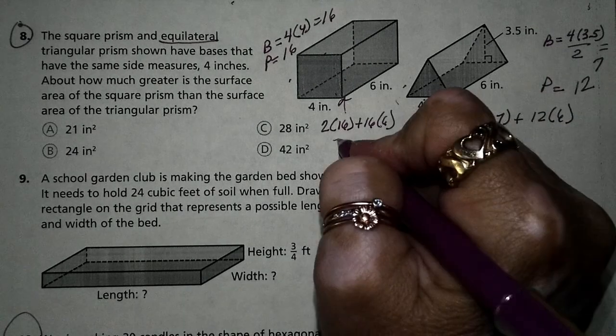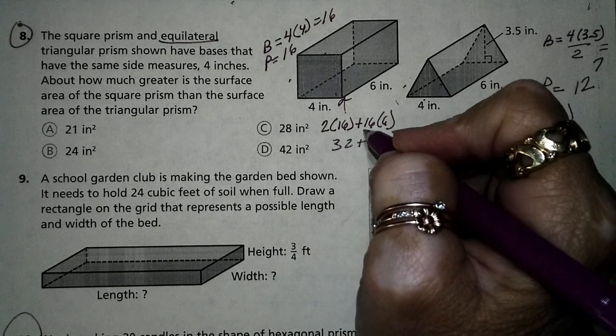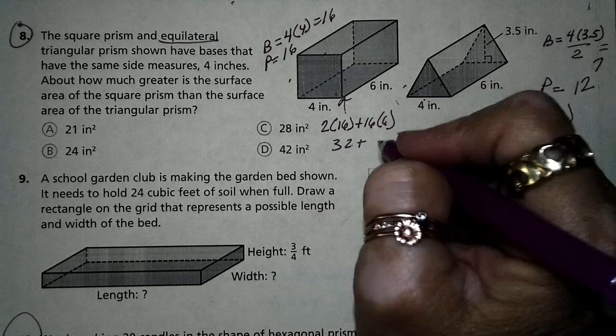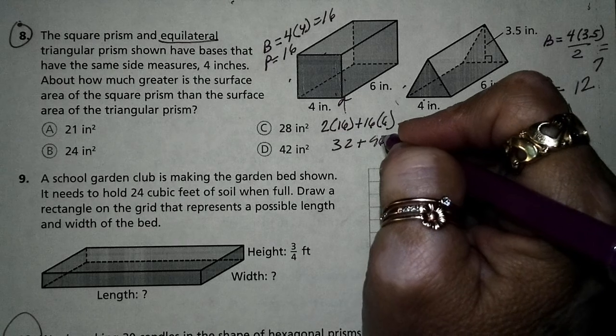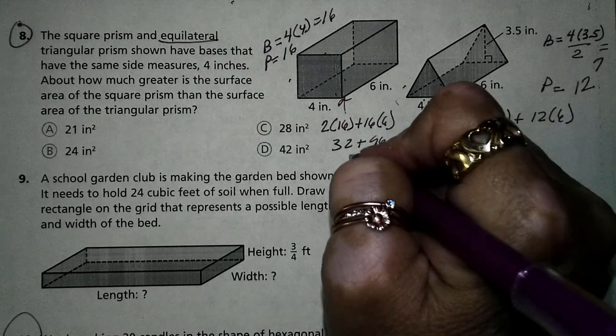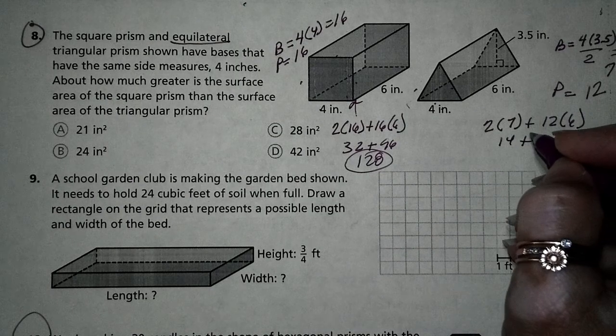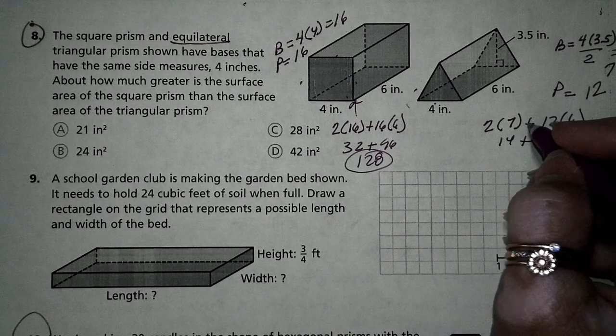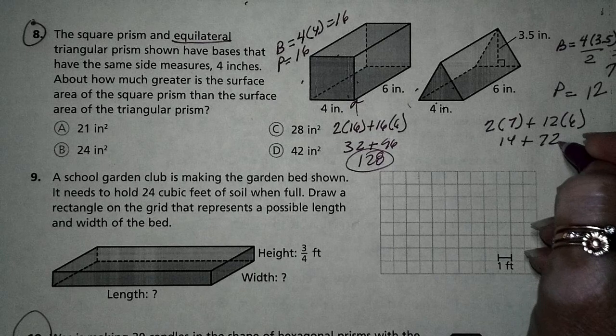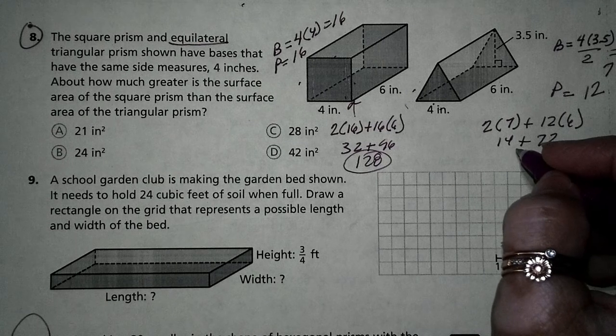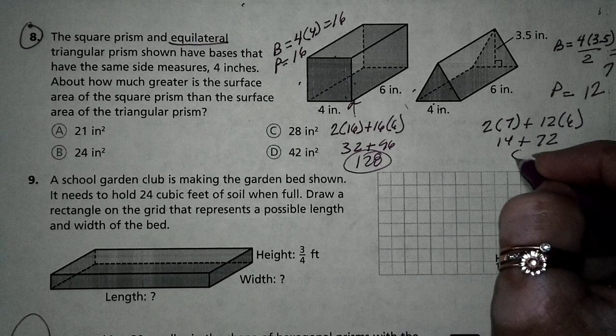So this would be 32, and 16 times 6 would be 96. So this would be 128, and that would be 14 and 72. So that would be 86.